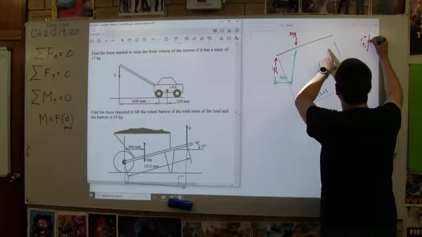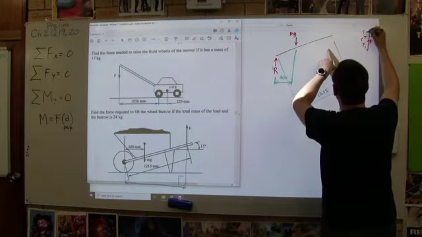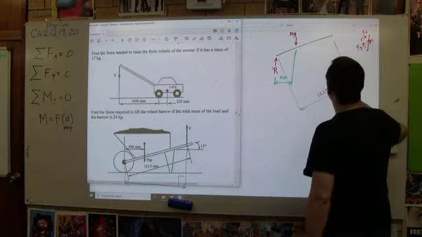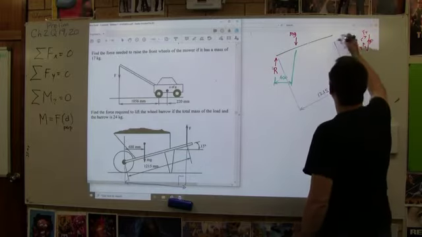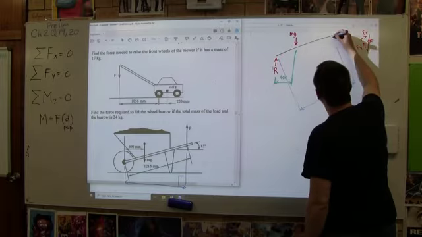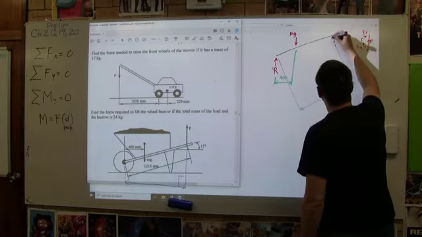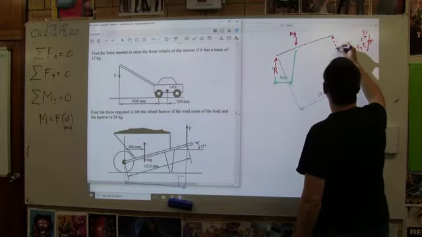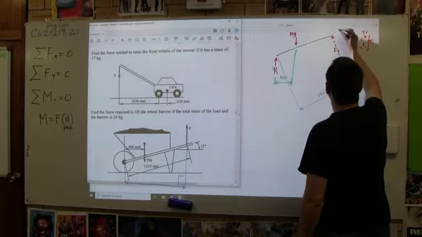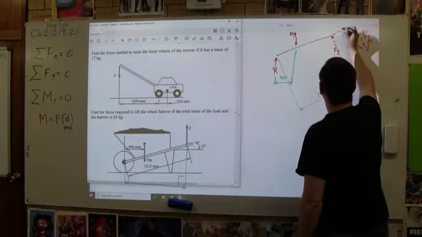That's our F. We're going to call this one here Fx and this one here Fy. So I'm going to write those forces in here. This will be Fy and Fx will go there.